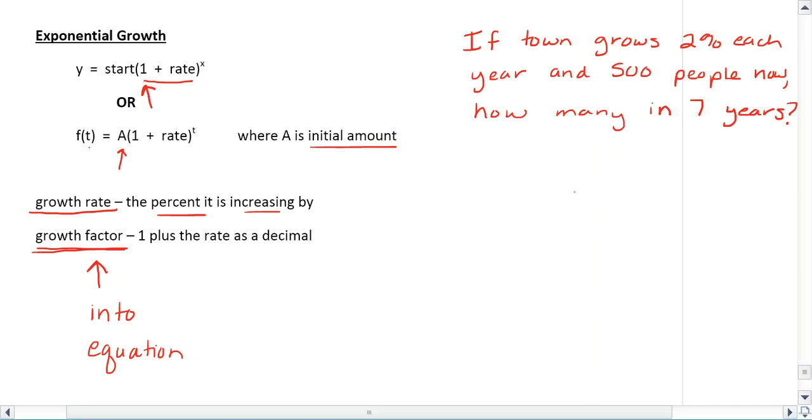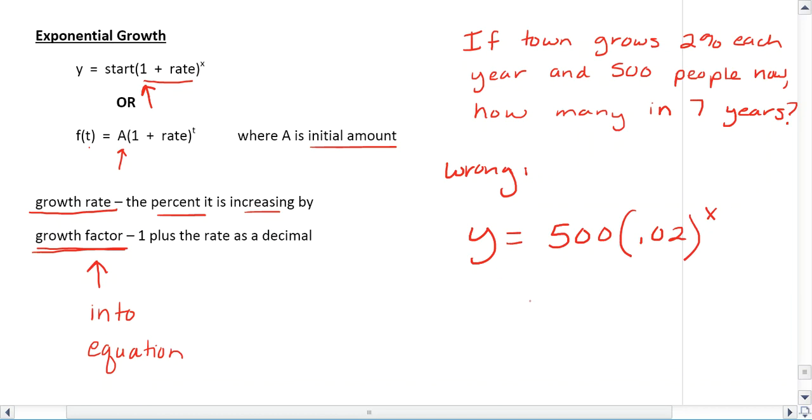So I'm going to do this wrong to show you why the 1 is there. Remember, this is the wrong way to do it. We may think that y equals the start, obviously, is 500 people, and the growth is 2%, and we write that as a decimal as 0.02. And then the x is the number of years that go by. Now remember, this is wrong.